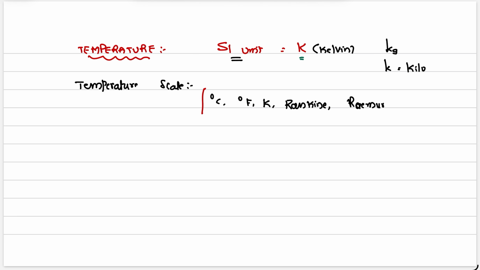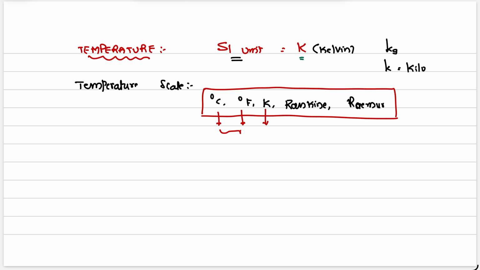Out of these, we regularly use degree centigrade, degree Fahrenheit, and degree Kelvin. These are most widely used, whereas Rankine and Reaumur are for specific purposes.